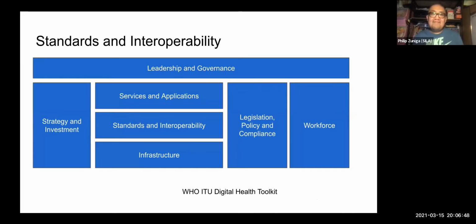At the same time, to further reinforce, there is the WHO ITU Digital Health Toolkit, which we are also familiar with. According to the WHO and ITU, there are seven things that a country needs to set up for a robust digital health structure: leadership and governance, strategy and investment, services and applications, infrastructure, legislation, and workforce.